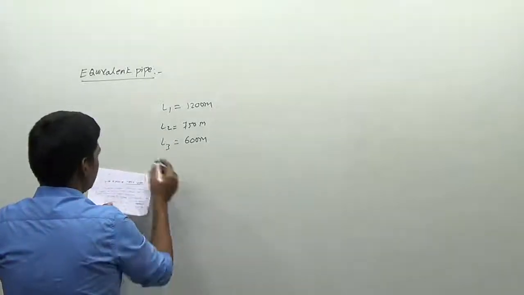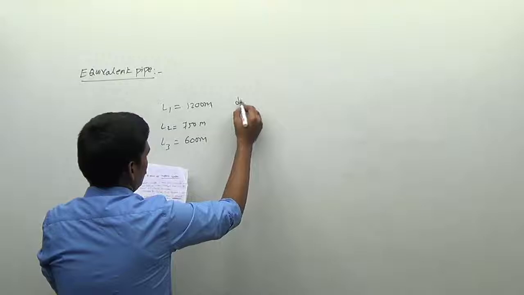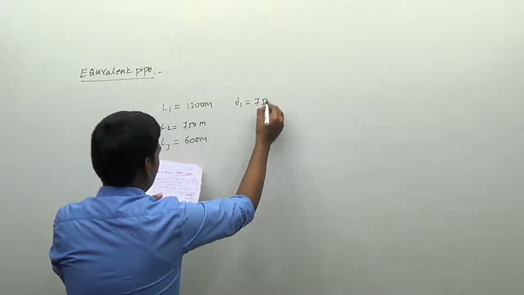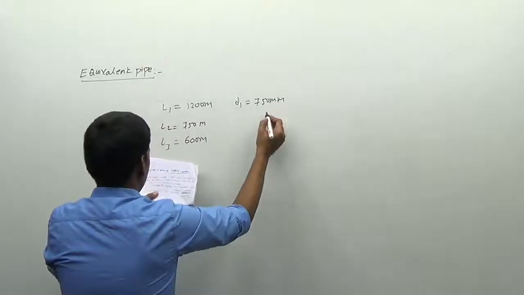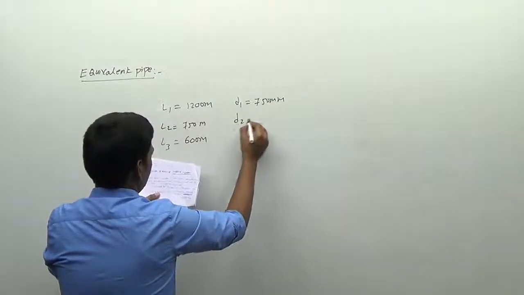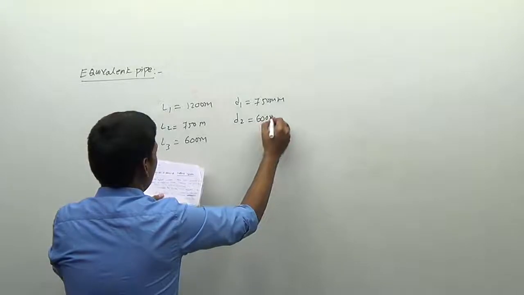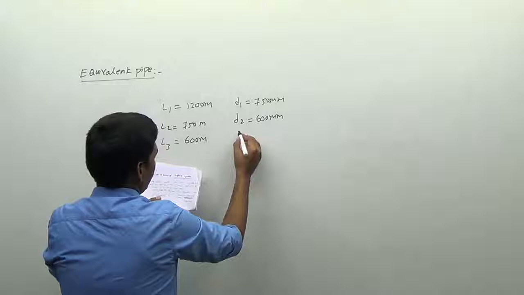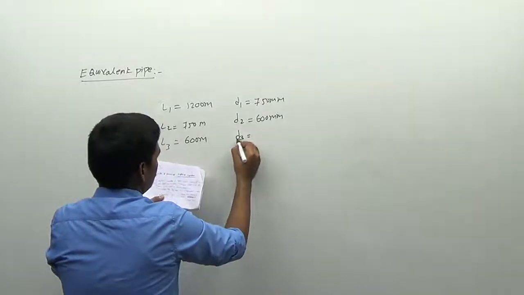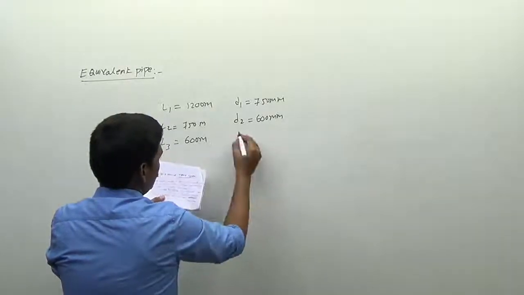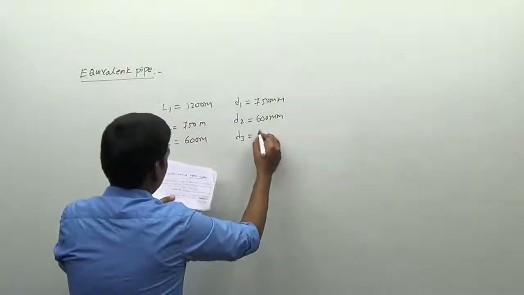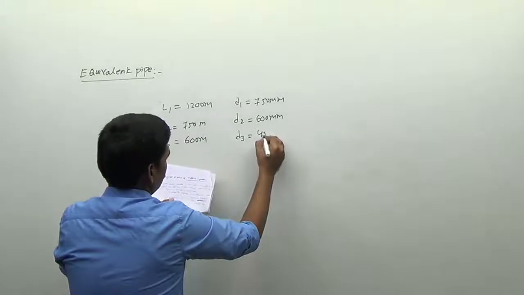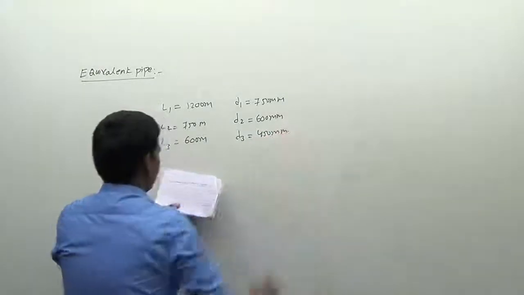And he was just telling the diameters. So D1 is equal to 750 mm, D2 is equal to 600 mm, and D3 is equal to 450 mm.